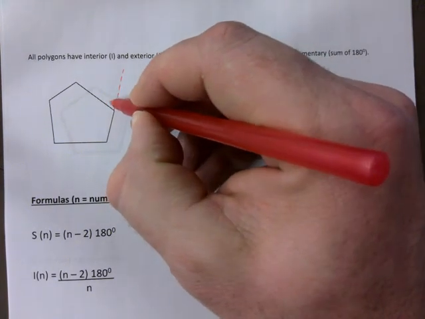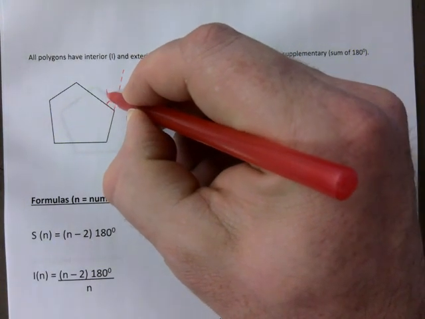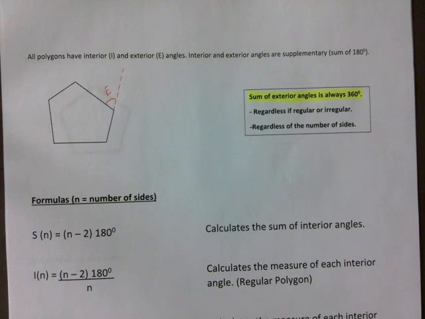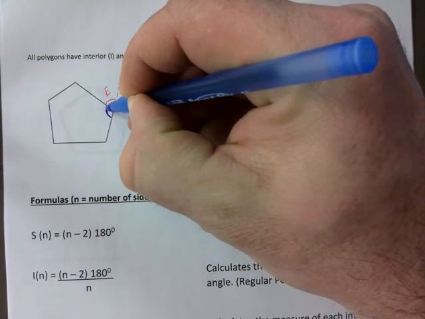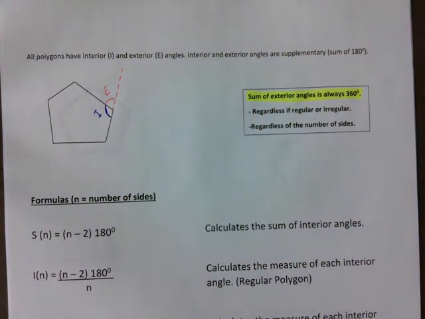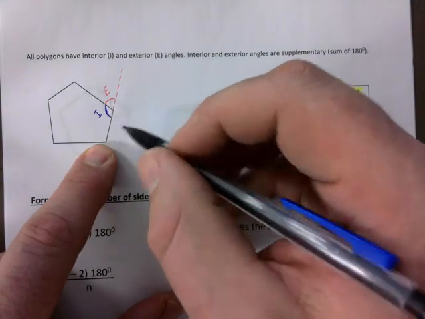The angle between that extension and the side like this, that's called the exterior angle right there. And right next to that exterior angle, completing that, is your interior right there. So you can clearly tell that they're supplementary.